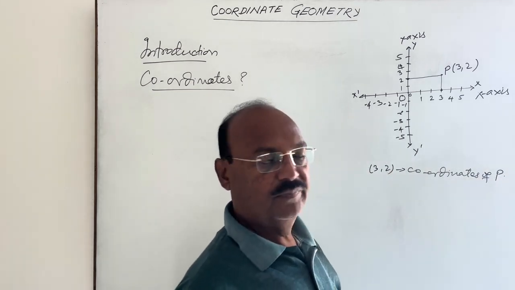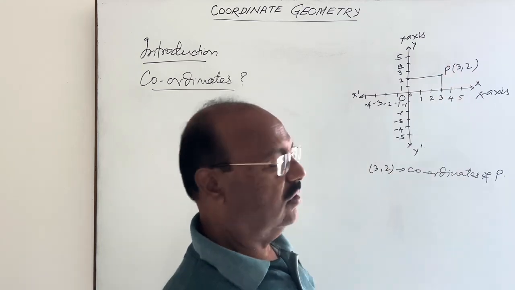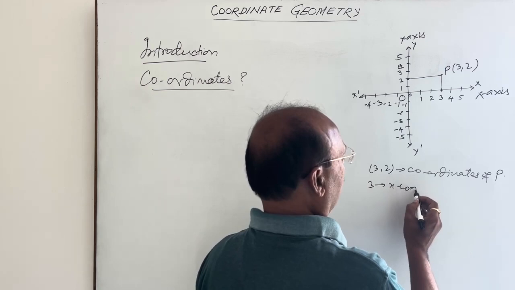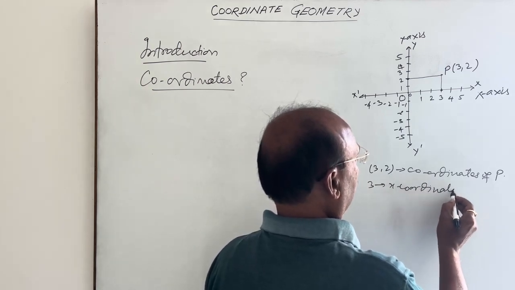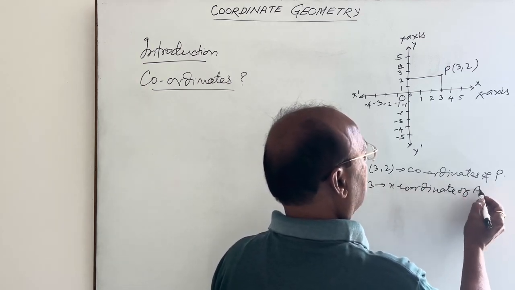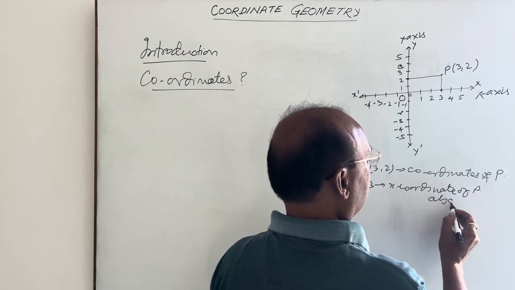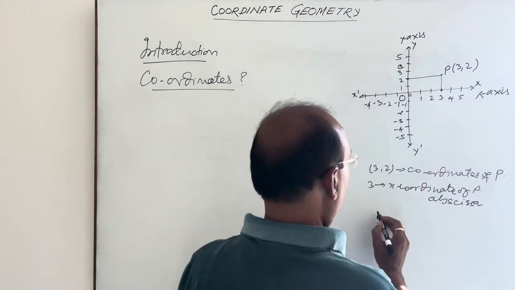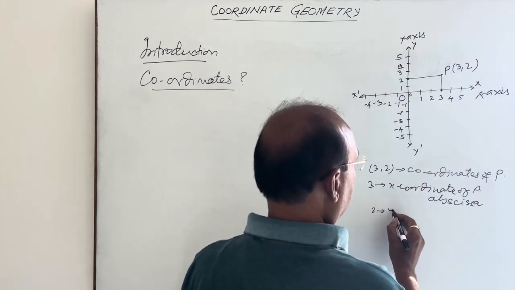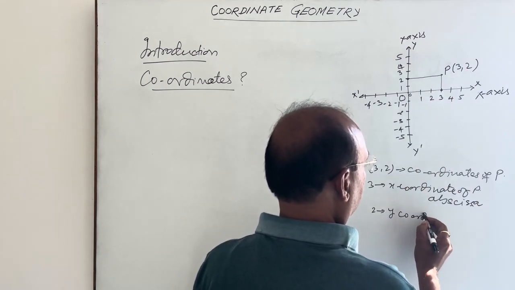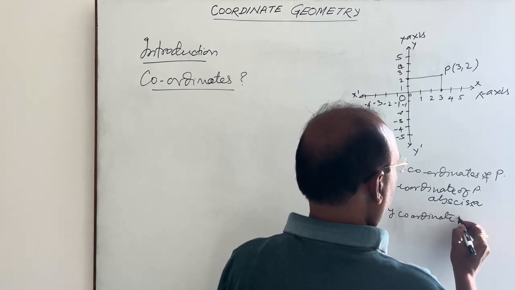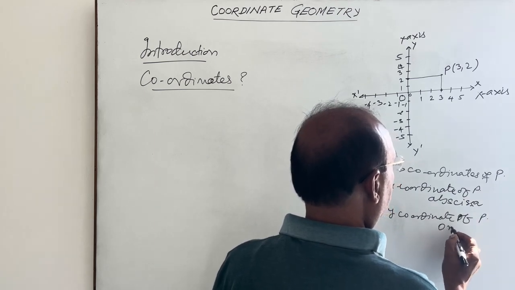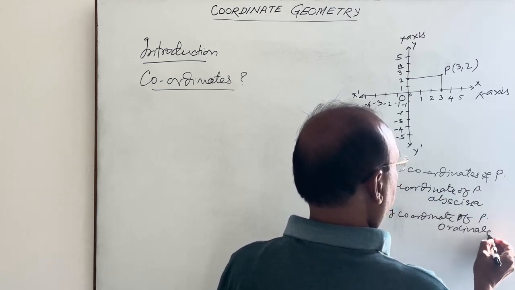Very simple. The first number 3 is called x coordinate of P. This is called abscissa also. And the second number 2 is known as y coordinate of this point P. This is known as ordinate also.